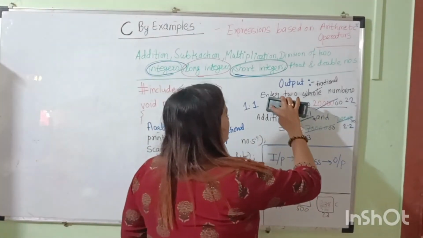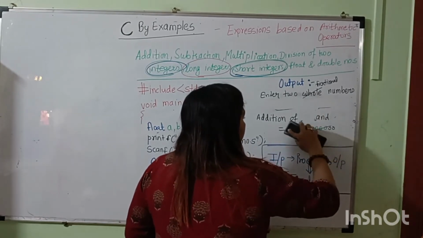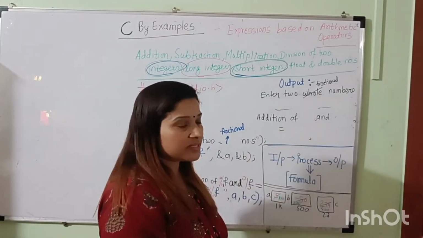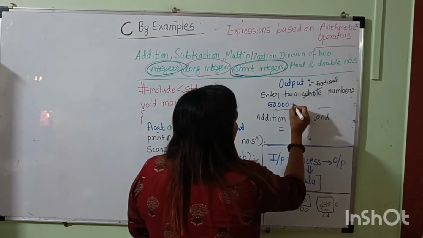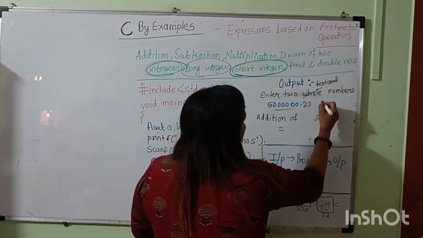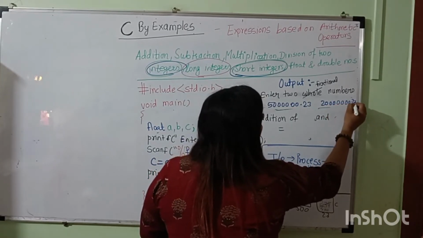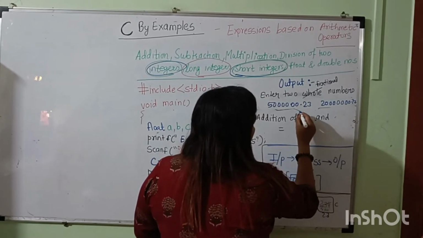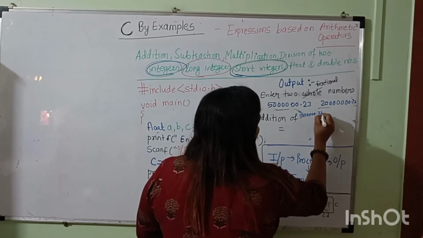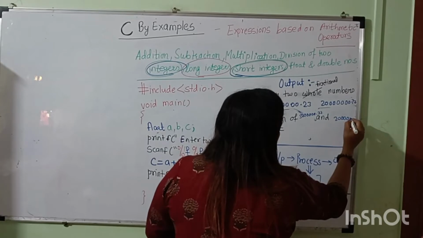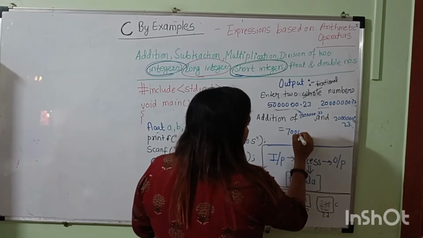First of all, these numbers will be given as, let's see, 50 million, 0.23, 2 million, 0.12. And the output, we expect, as 7 million.